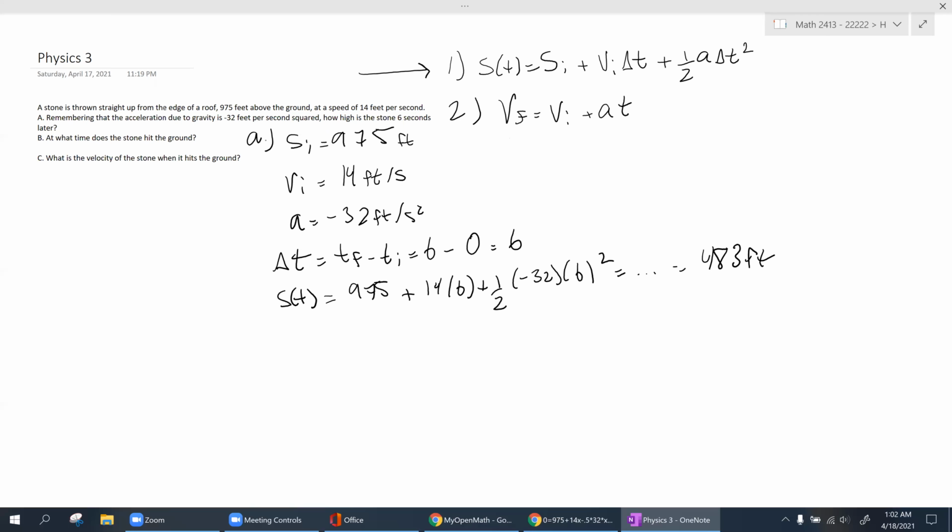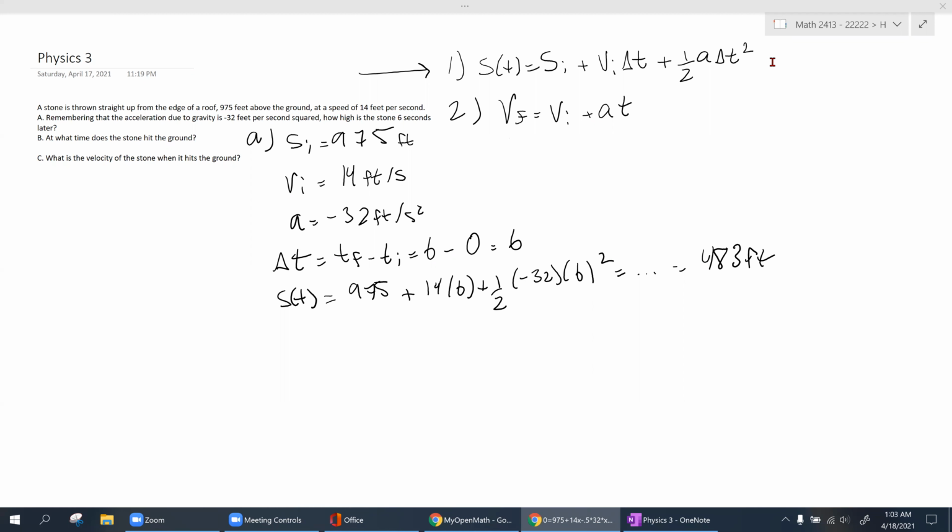At what time does the stone hit the ground? What do we know? Whenever a stone hits the ground, you know that your height is 0, and that your final velocity is 0 as well.